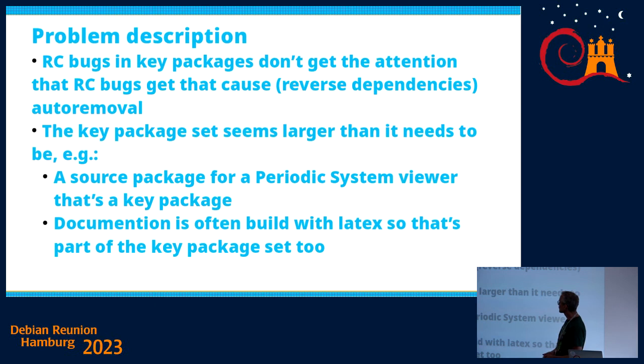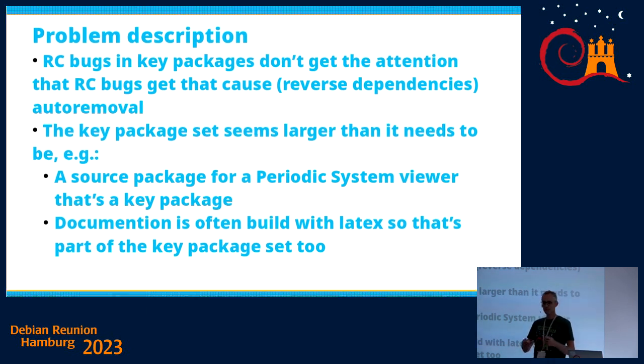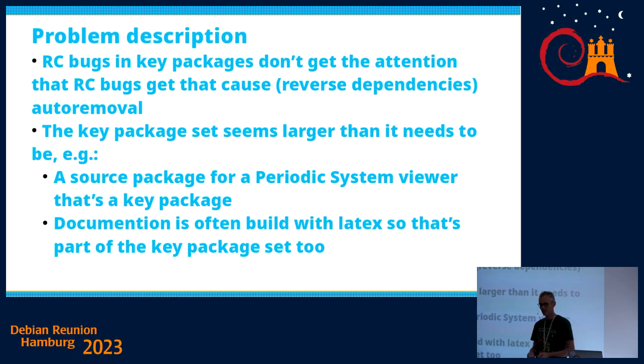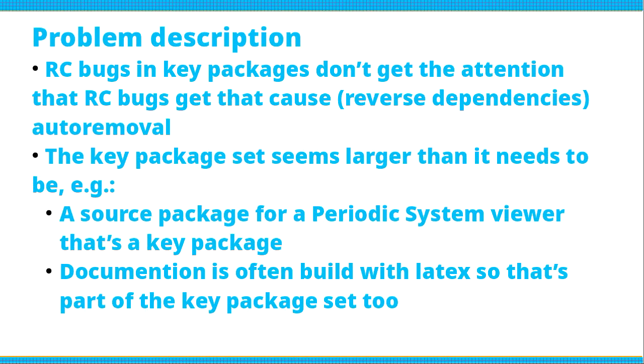So from our point of view, we like to have the key package set as small as we can get it for the release process. I don't like removing packages, so I don't do that just because I like it. It's a tool for us to get the right attention to RC bugs. If RC bugs are fixed, that's fine. If they're not fixed, we remove the package from the archive, and the next stable release doesn't have the RC bug. That's fine by me as a release manager.